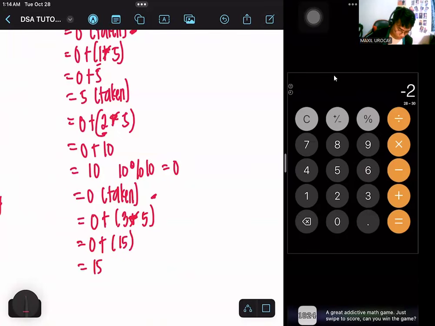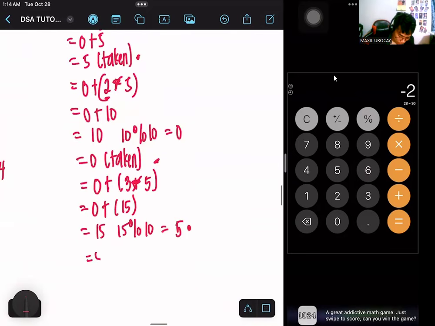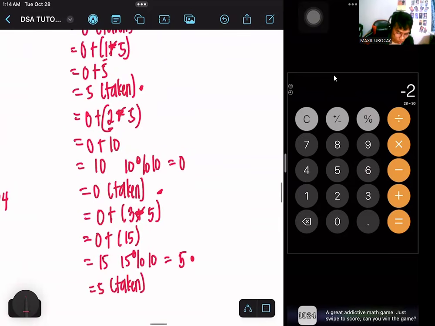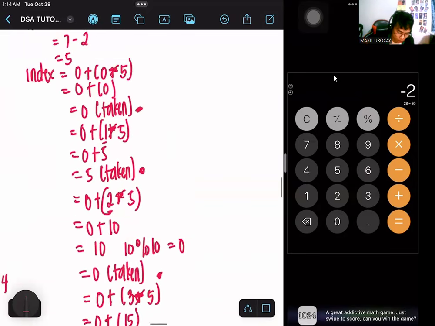So 15, checking the modulo over 10, that is 5. So therefore, it keeps on looping again. So earlier, we were able to have 5. So since 5 is taken, so what can we do? We will be going to deal with that.